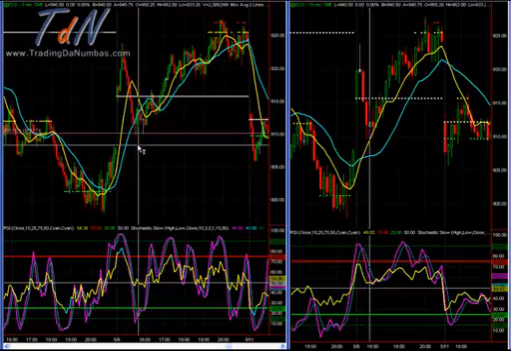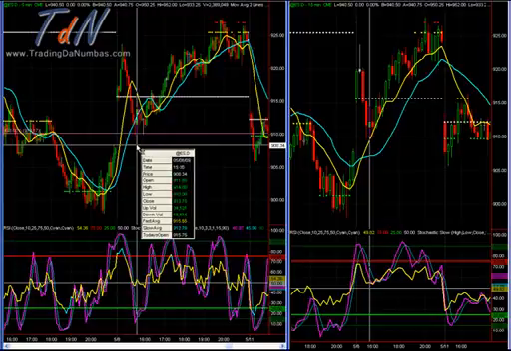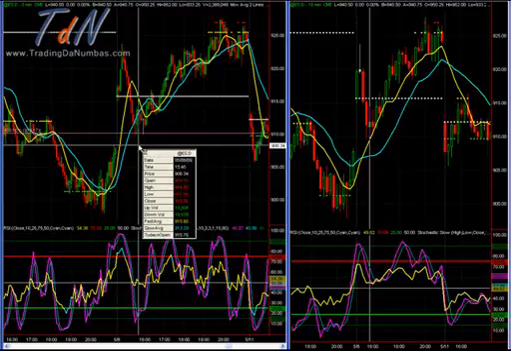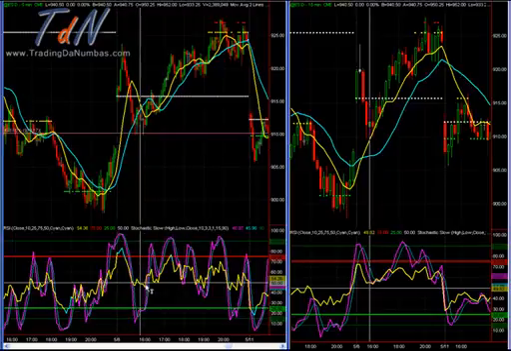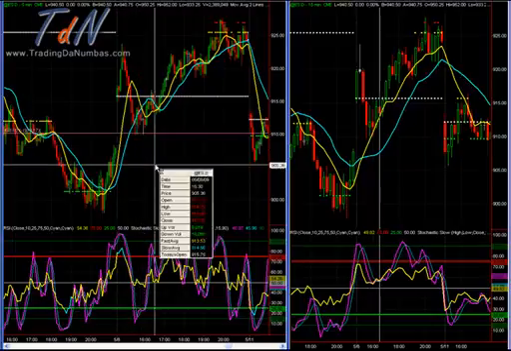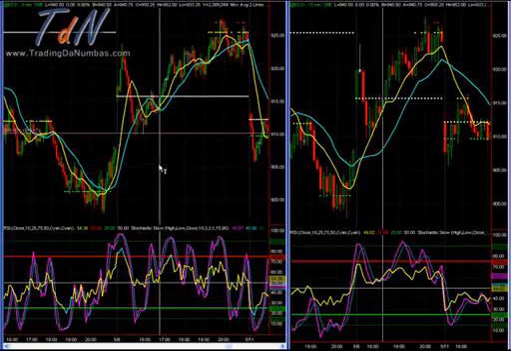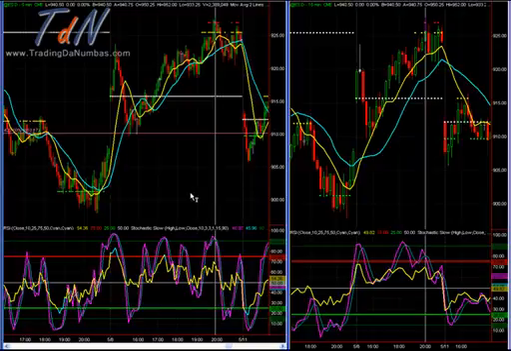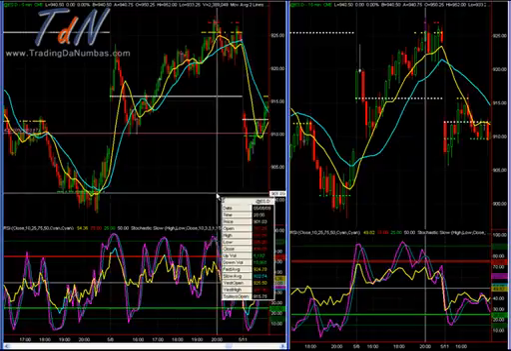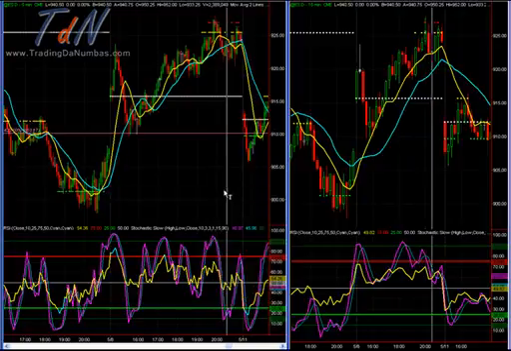The failure to fill the gap allowed the 5 minute to unwind its overbought and have the 50 line support on the RSI, and from there it started another move to test the highs, which it did into the close of the day and into the close of the week.